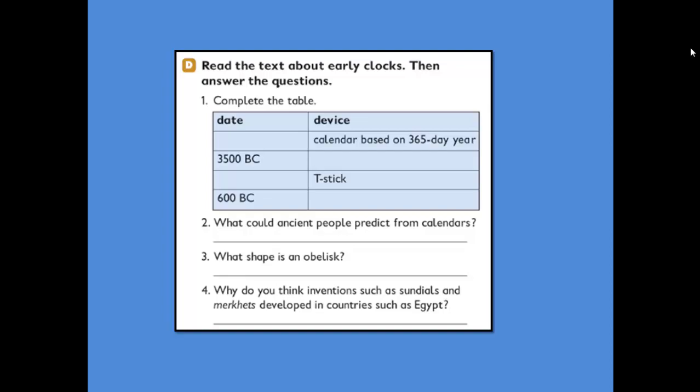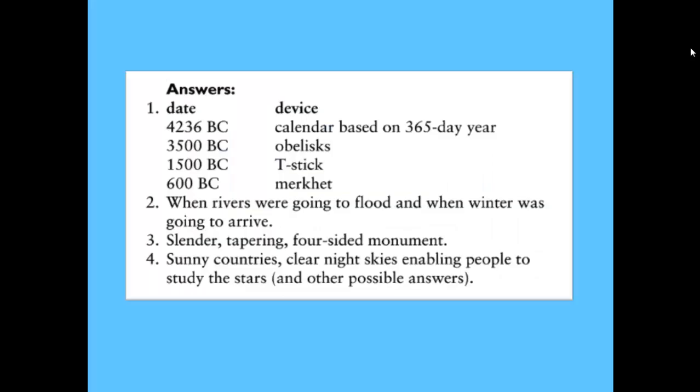Now let's see the answers. The first one, date and device. In 4236 BC, we had calendar based on 365 day year. In the year 3500 BC, we had obelisks.